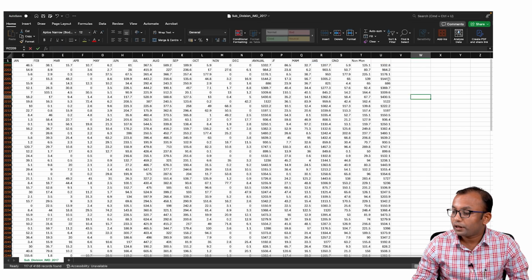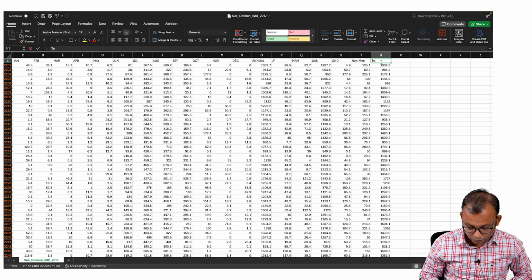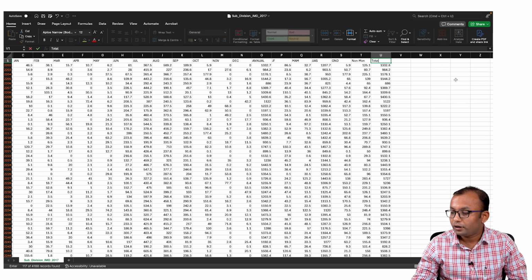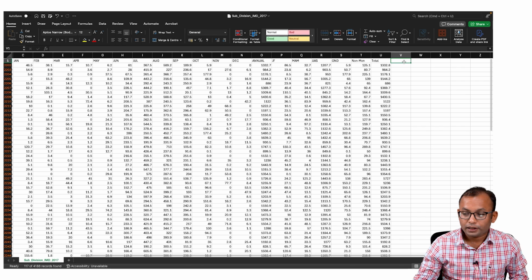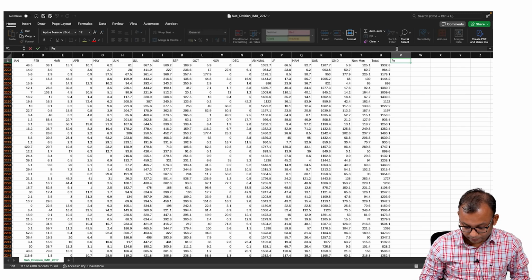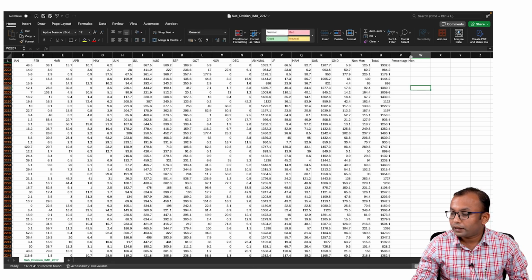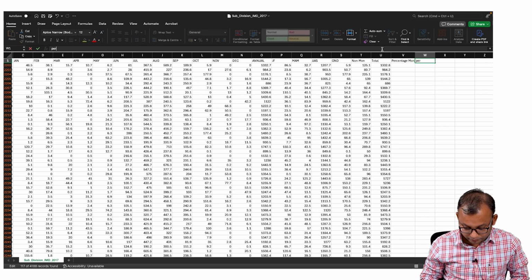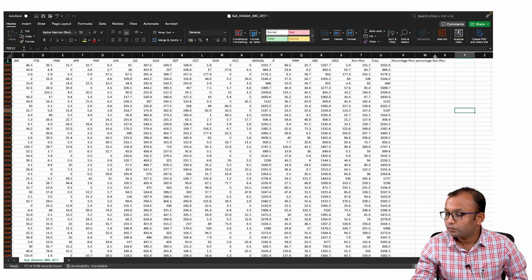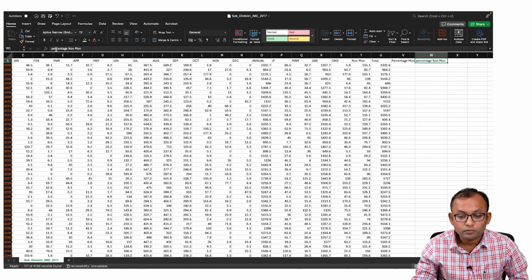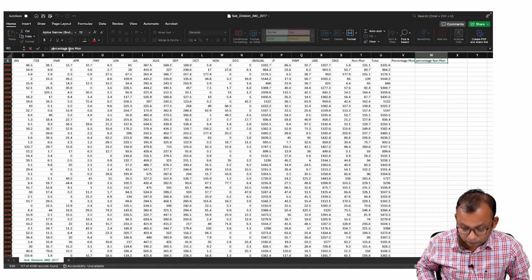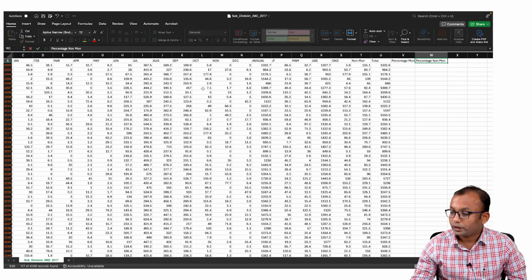Let us say I am calling this column total amount of rainfall, and in this column percentage monsoon rainfall, and then in this column percentage non-monsoon.